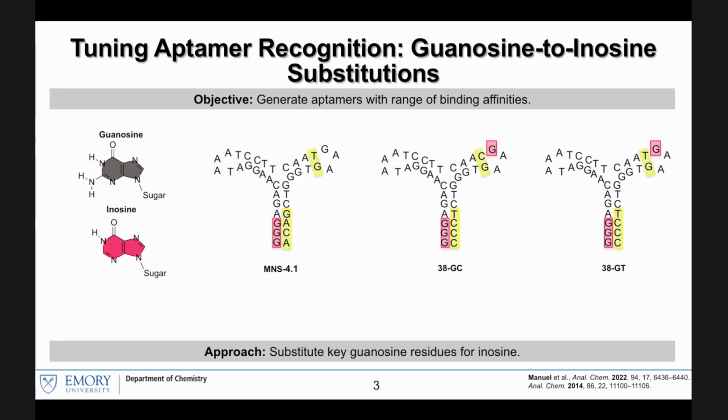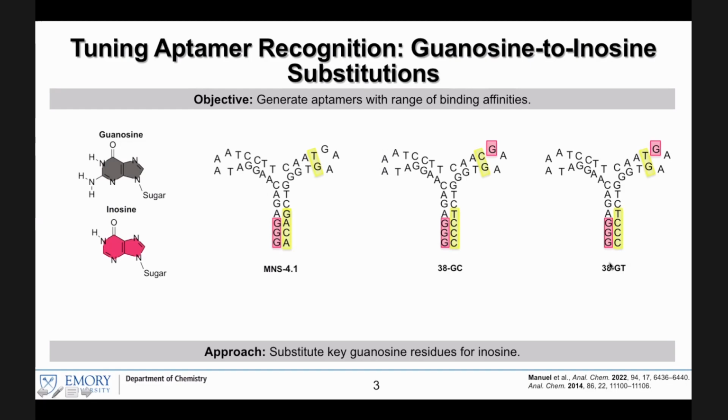And a lot of times in literature for the cocaine aptamer specifically, they truncated this stem and completely lost binding of cocaine in general. So going forward, any change to STEM 1 is going to just have inosine after the name. So I3 would be MNS 4.1 inosine, 38GC inosine, 38GT inosine.